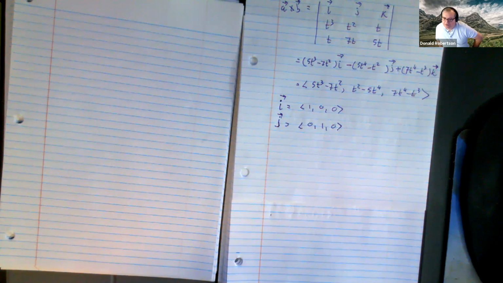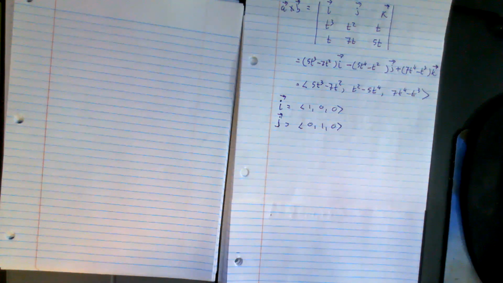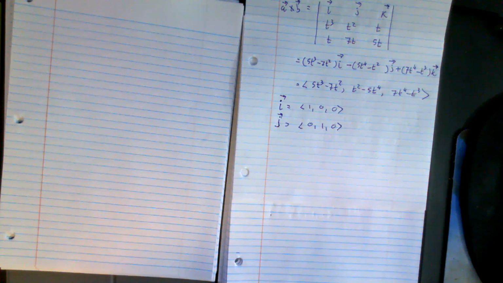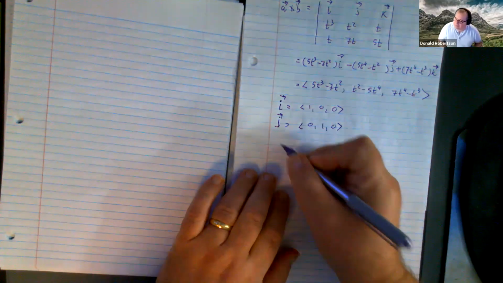What vector is at right angles to I and J? If you go one in the X direction and one in the Y direction, what vector is going to be orthogonal, at right angles, to those two vectors? One in the Z direction. Which we call K. Does that seem reasonable?